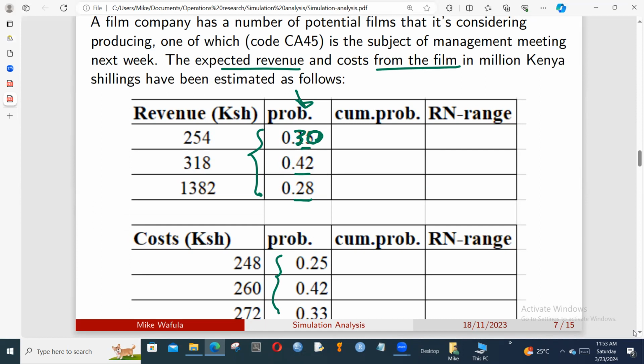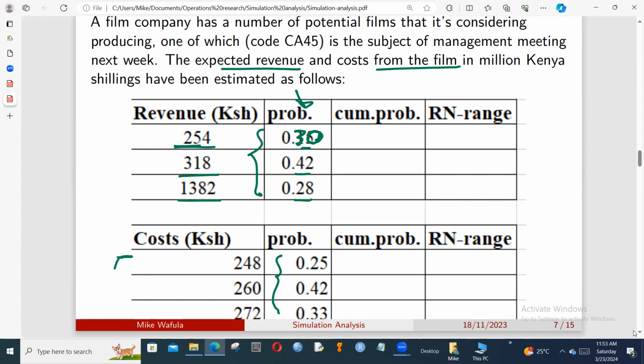For example, the chance of getting the revenue of 254 million Kenya shillings is 30%. The chance of getting 318 million Kenya shillings is 42%. And the chance of getting this is actually 28%.